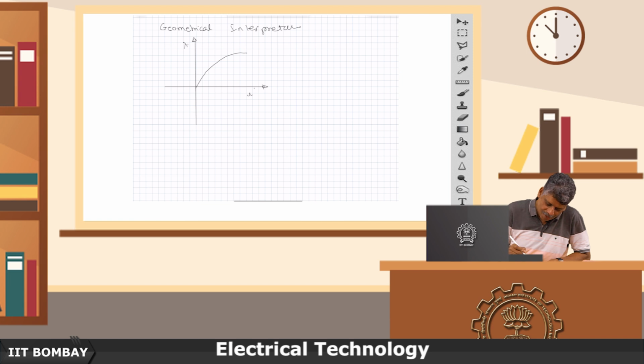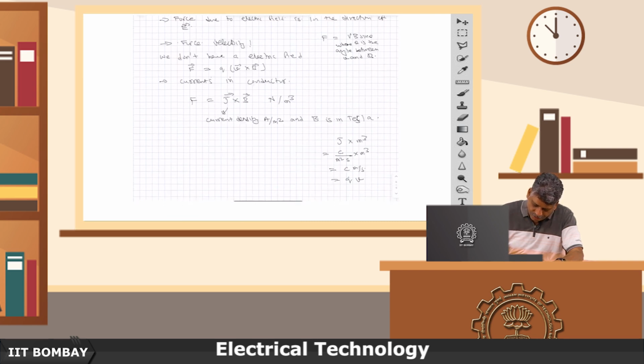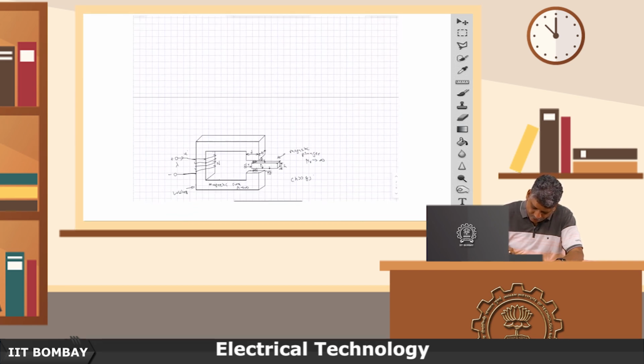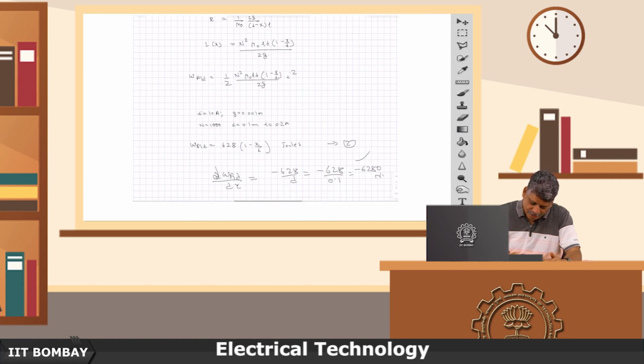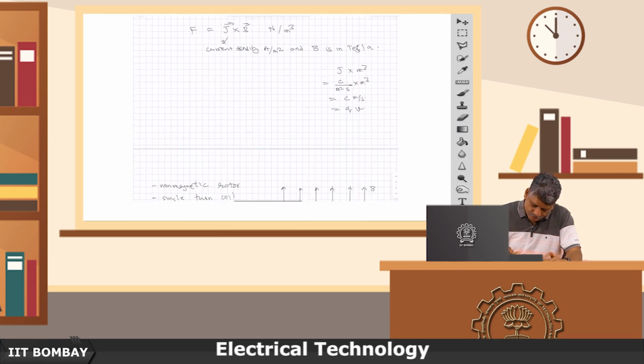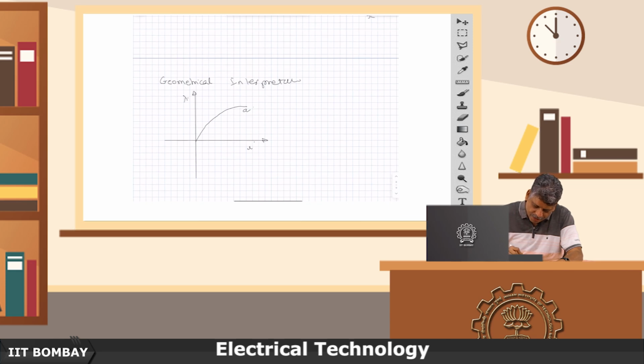Let us say that I am at position A, and think of the example that we discussed here. As this plunger moves further inside, you will have more iron. So, for the same current, higher flux will be set up.